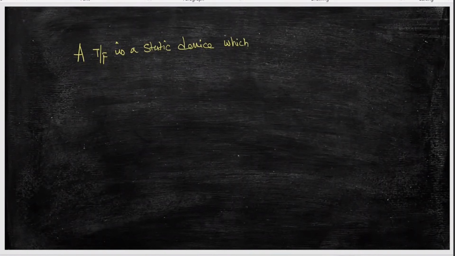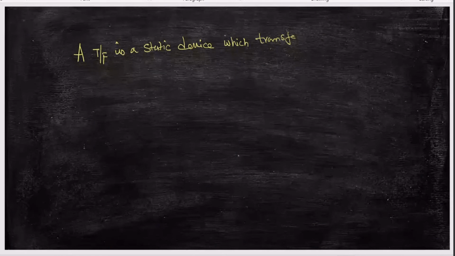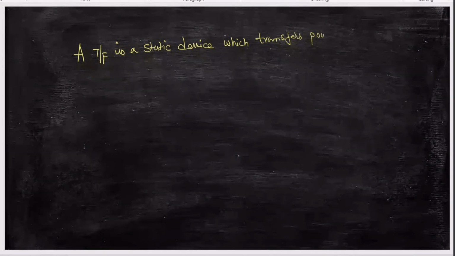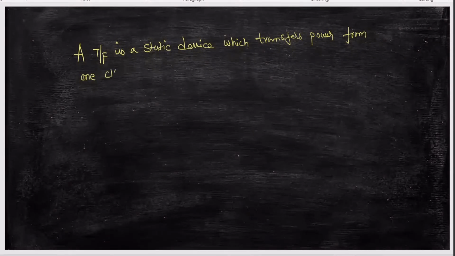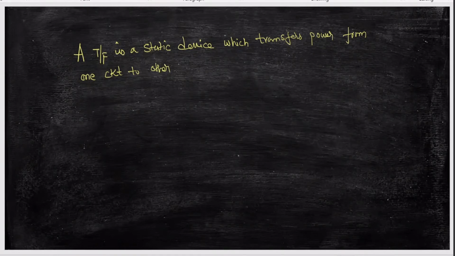It is a static device which transfers power from one circuit to another circuit. So here the two circuits are the primary and secondary winding.